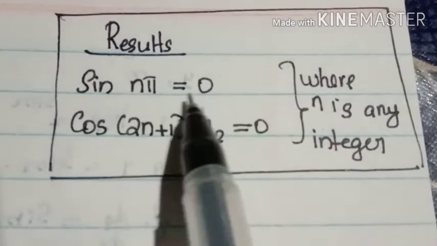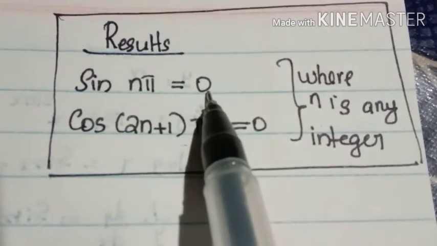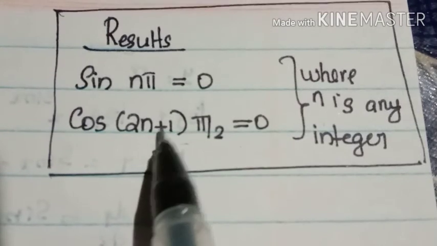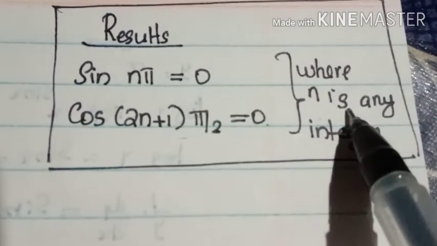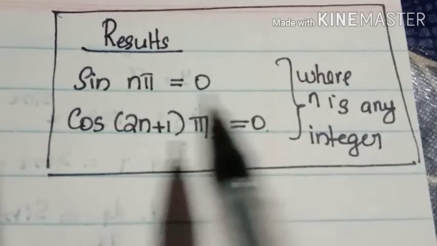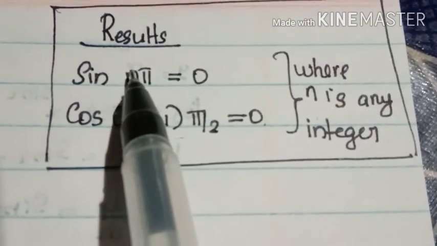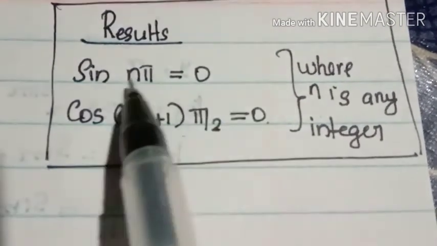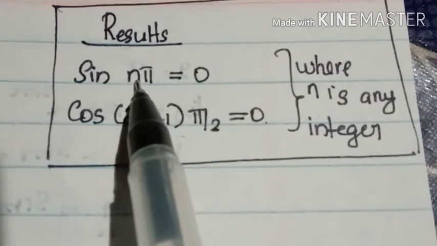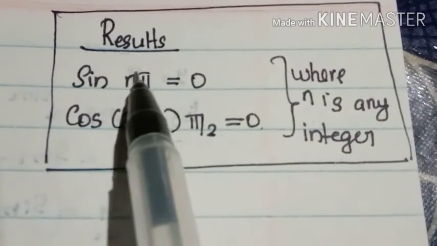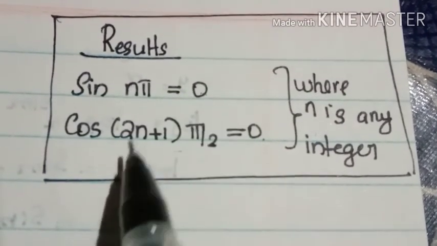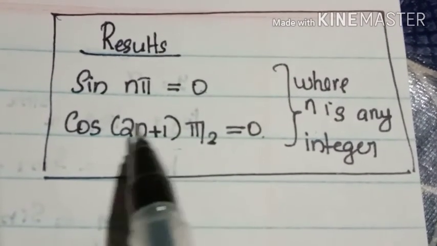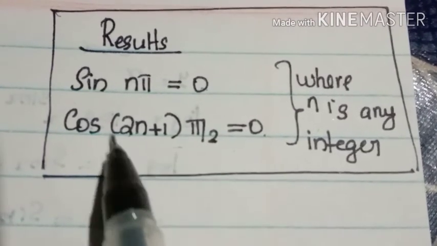Let's see the results. Sin nπ equals 0 and cos (2n+1)π/2 equals 0, where n is any integer. If we put n equal to 1, 2, 3, 4, etc., and negative 1, negative 2, negative 3, etc., for all integers, sin becomes 0. Sin nπ equals 0. Now 2n+1 is the form of odd numbers.